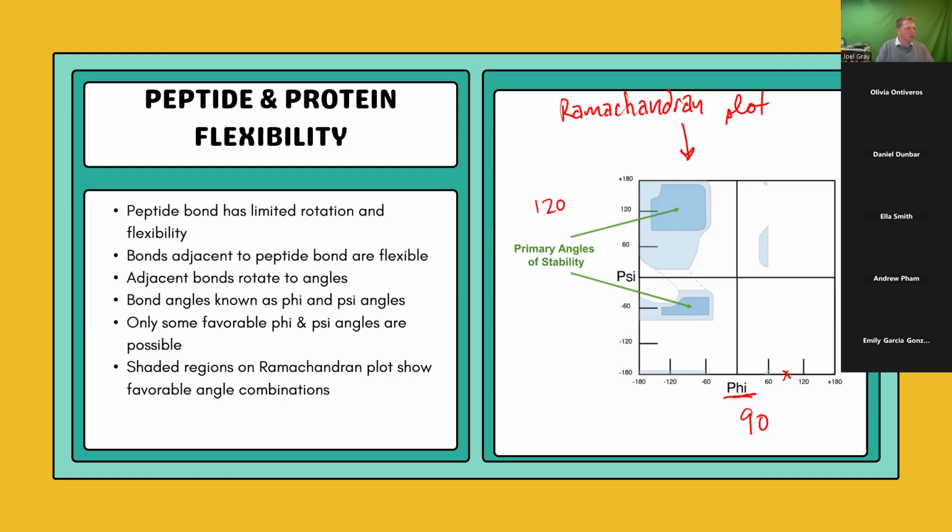And then positive 120 psi angle is right about there. So if I'm looking at a combination of 90 and 120, that's right about there. That's into the void of whiteness, where that is not a favorable combination. Phi and psi angles of 90 and 120, that's not a favorable combination.